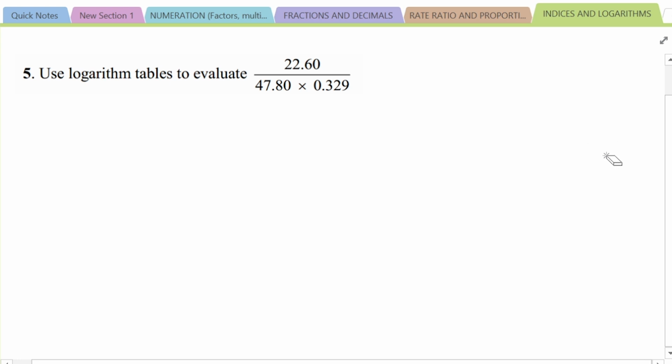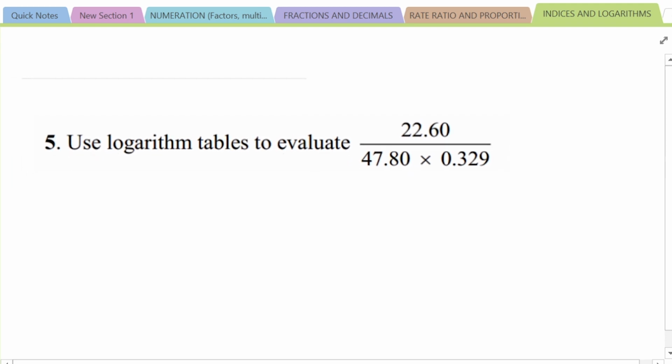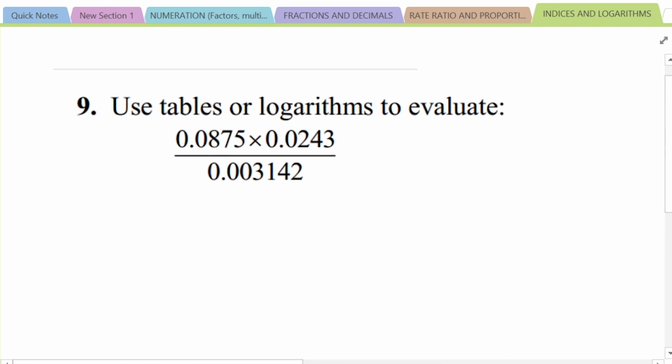Now, in doing this lecture, I have left out numbers like this, examination question numbers like this, that require us to use logarithm tables. Even that number requires us to use a logarithm table. I have left them out just to avoid this video from being too long, because I think these numbers are quite long, and doing them will require that I use anti-log tables.